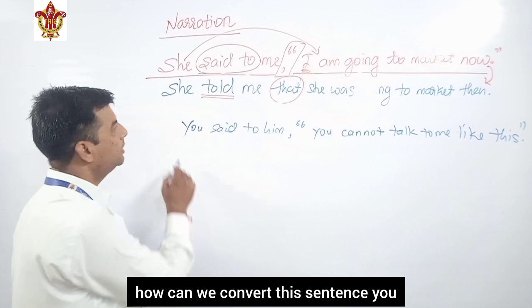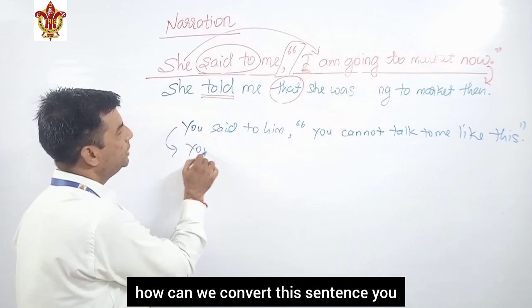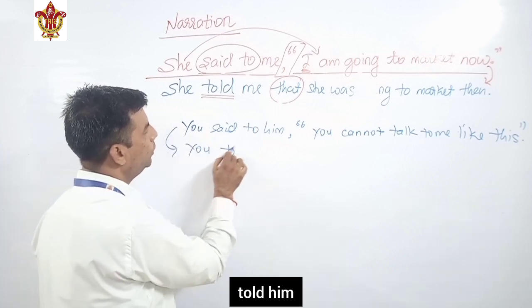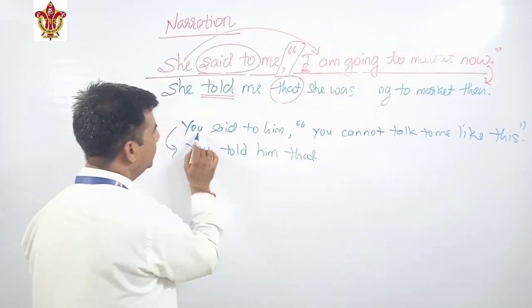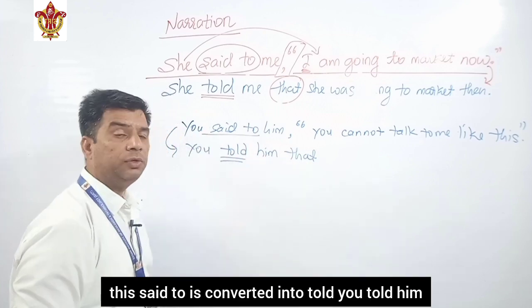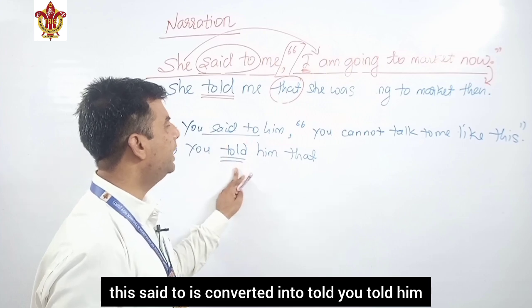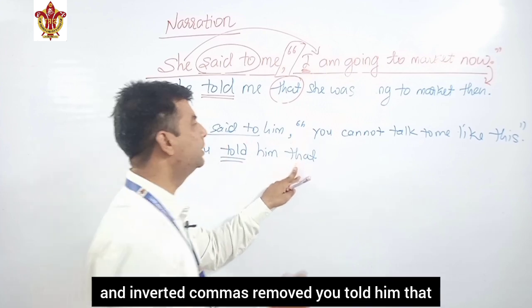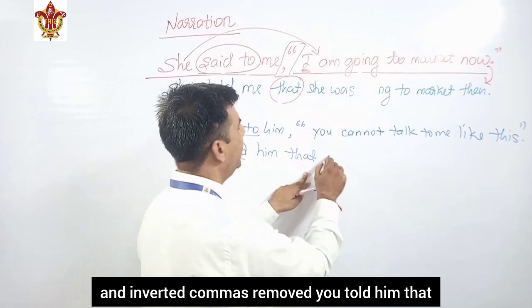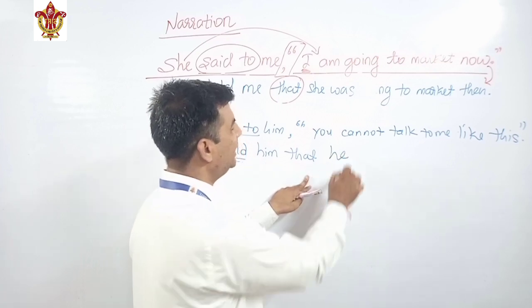Now how can we convert this sentence? You told him that. This said to is converted into told. You told him that. Both comma and inverted commas are removed. You told him that he.